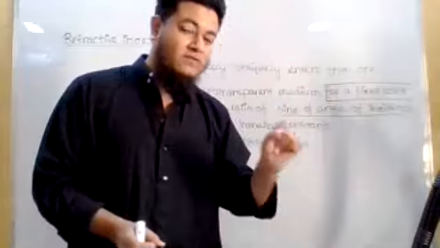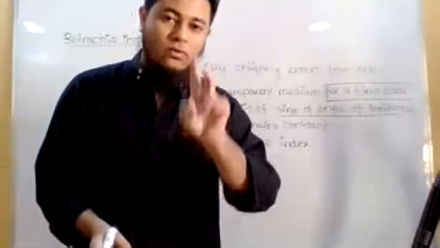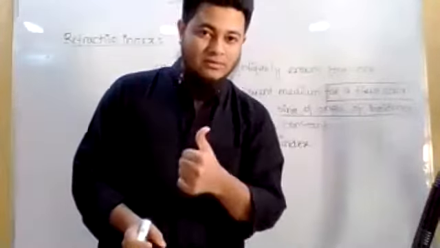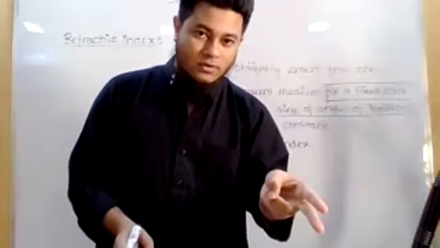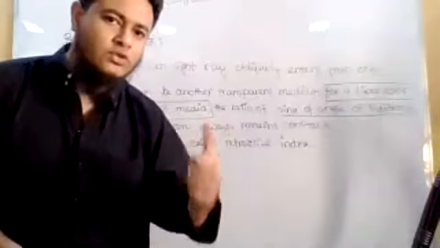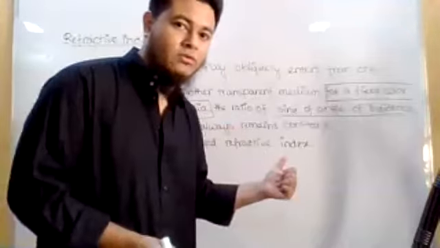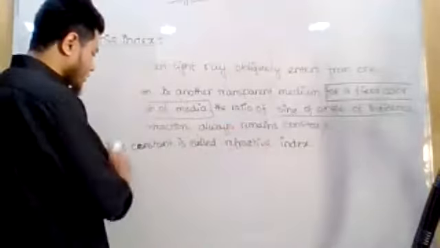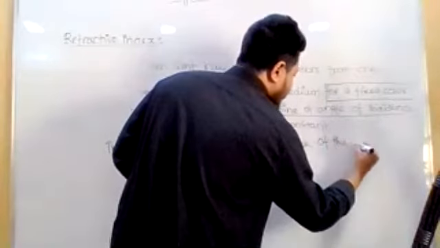Now, as soon as refraction of light is concerned, two media are involved, right? Number one, from which the light ray is coming, and number two, in which the light ray is going. So refractive index of which medium? The second medium. I will write it now. Please take a closer look. The constant is called the refractive index of the second medium.